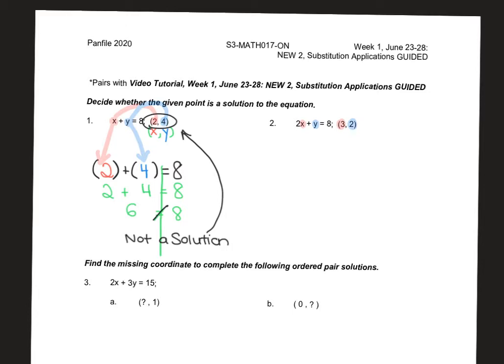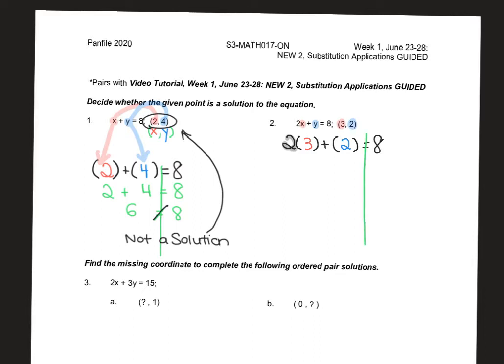And I'm going to rewrite my equation with everything there except my variables. So I end up with 2 parentheses plus parentheses equals 8. I can put in the 3 for the x. I can put in the 2 for the y.